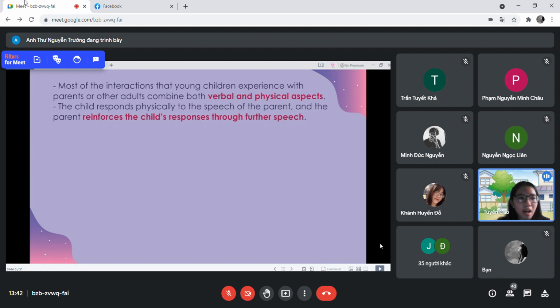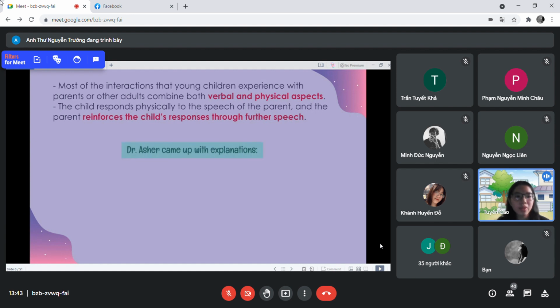Most of the interactions that young children experience with parents and other adults combine verbal and physical aspects. The child responds physically to the speech of the parents, and the parents reinforce the child's response through further speech.